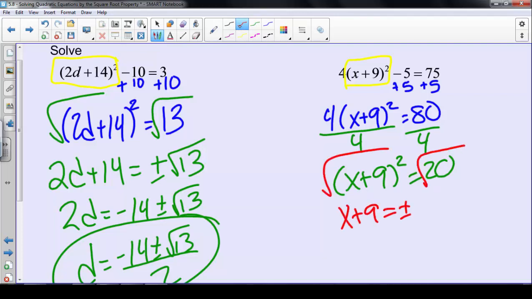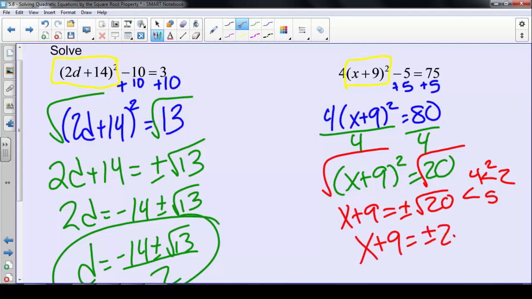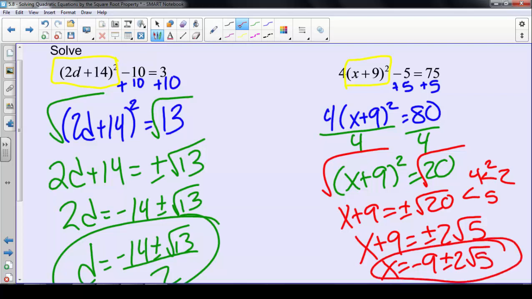Don't forget your plus or minus. And there you go.